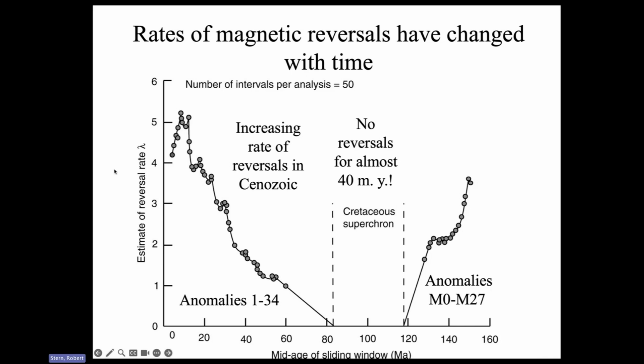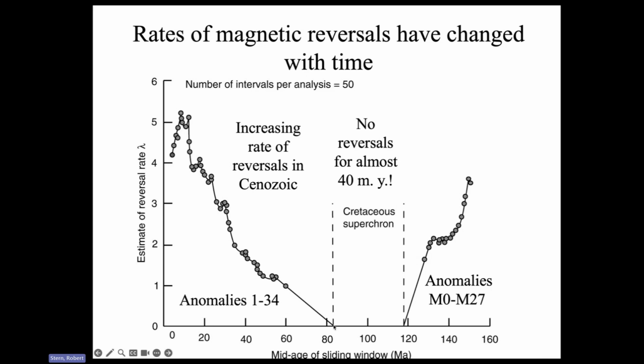So the other thing you can see here is that the rate of reversal has been changing. Back here, this is in late Jurassic and early Cretaceous time. The reversals became slower and slower and then stopped. And then this is about the beginning of the late Cretaceous.